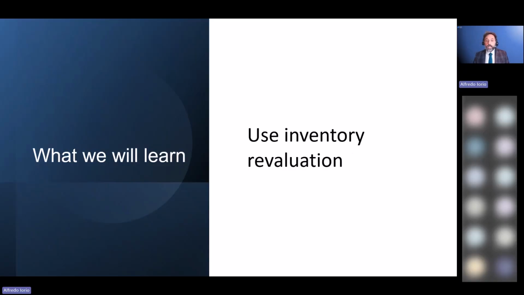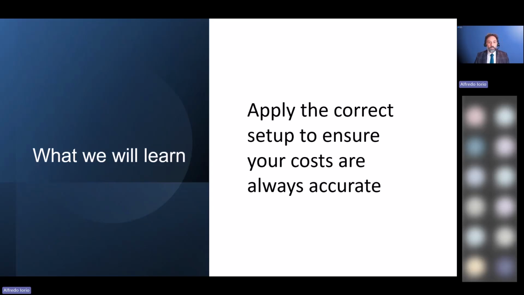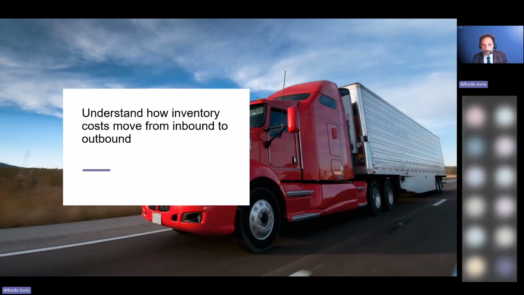We will learn about inventory revaluation, because you can revalue inventory in Business Central with a specific and dedicated feature, and how to apply the correct setup. Very important if you are a consultant, but also if you work for an organization that uses Business Central. The correct setup is absolutely critical to ensure that your costs are accurate.